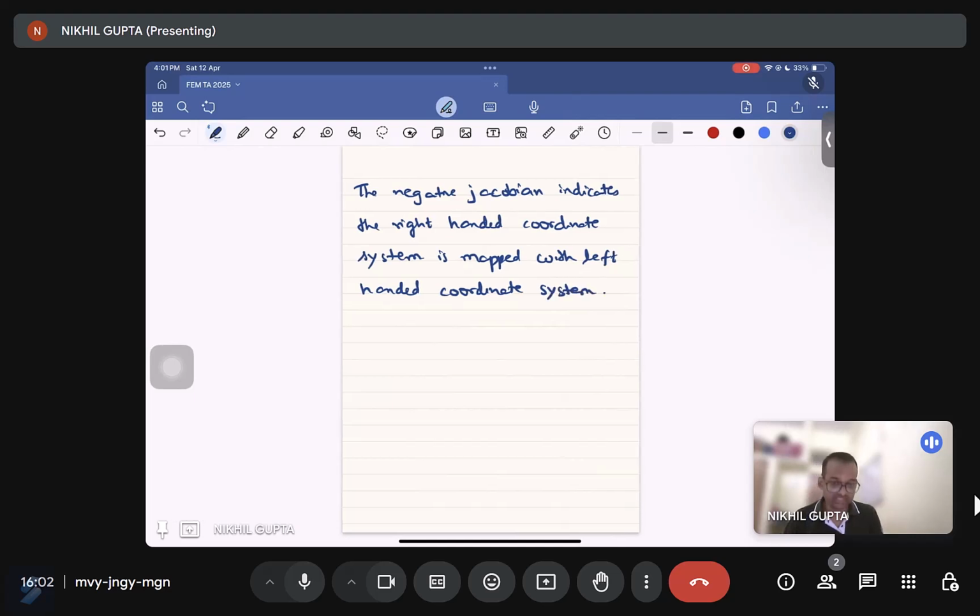So this is clearly not acceptable. So such transformations should be avoided.